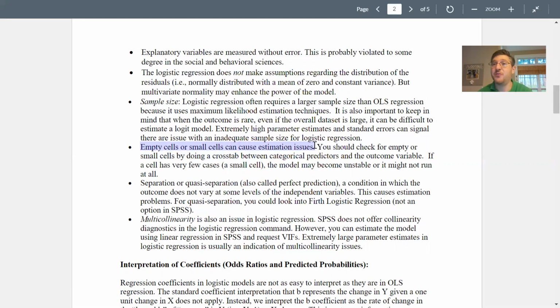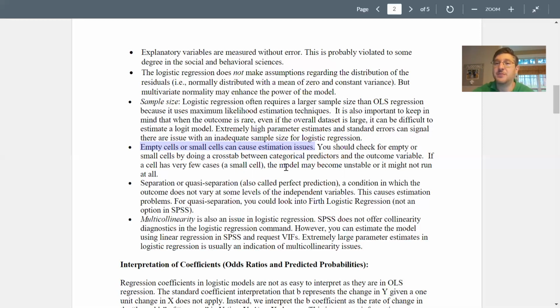So if you have a categorical variable, say males and females, you want to make sure that you have some successes and some failures within each one of those categories. If your outcome is coded 1, 0, you want a good number of ones and zeros in each cell of that categorical variable. You can run some crosstabs on your data to make sure that occurs.